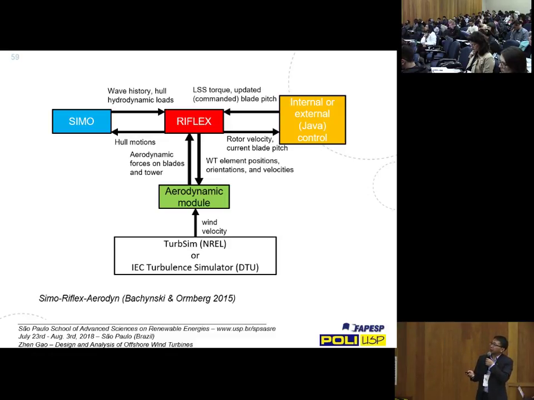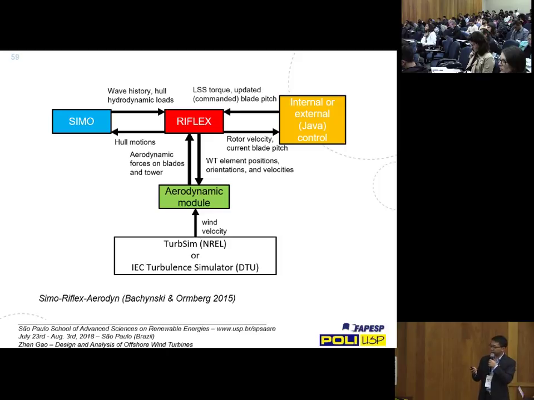Then we use AeroDyn, combined with TurbSim, the simulation of the turbulent wind field. All of the loads predicted from SIMO, AeroDyn and RIFLEX are converted into the same structural model in RIFLEX, and you solve the equations of motion for rigid body motion and deformation of structures purely in RIFLEX.